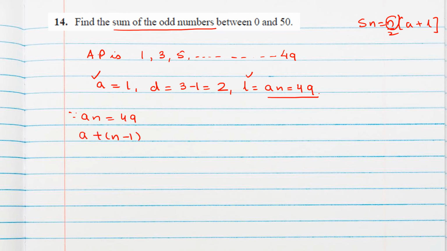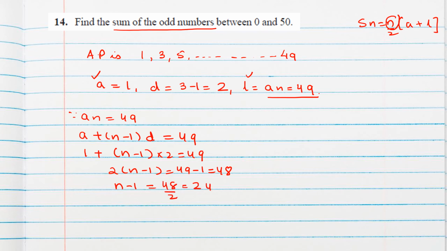A plus n minus 1 D equals 49. Substitute A and D value here. Okay. So D is 2, 49. So 2 into n minus 1, 49 minus 1, that is 48. So n minus 1 will be 48 by 2, that is 24. So n will be 24 plus 1 equal to 25.